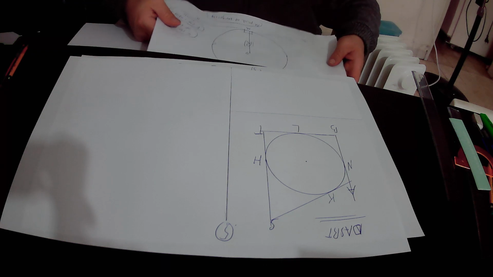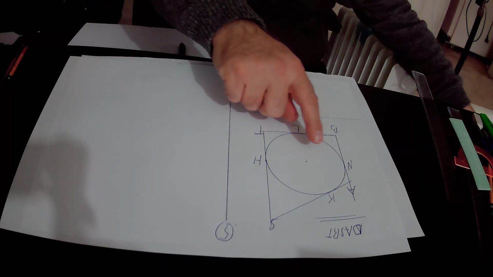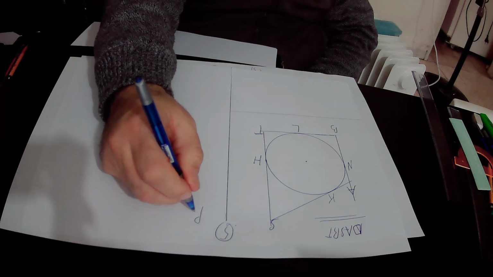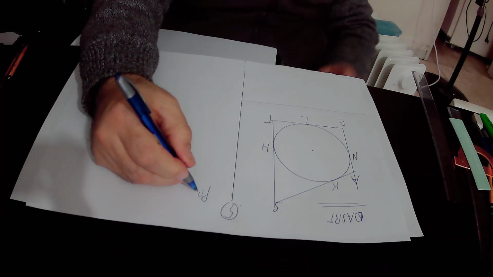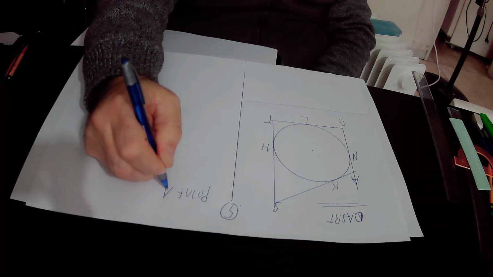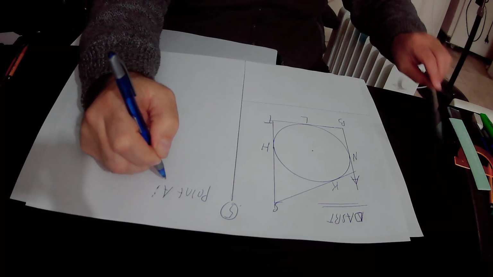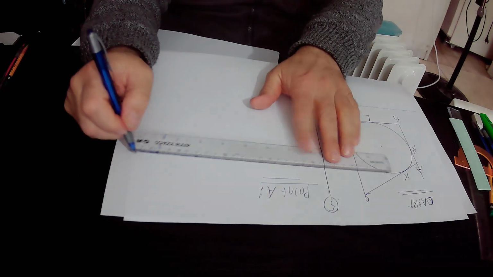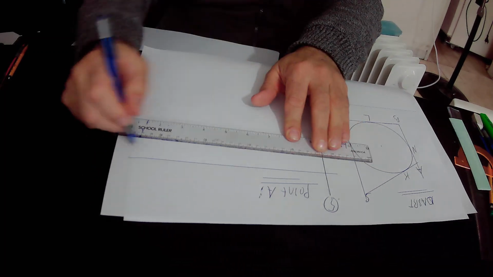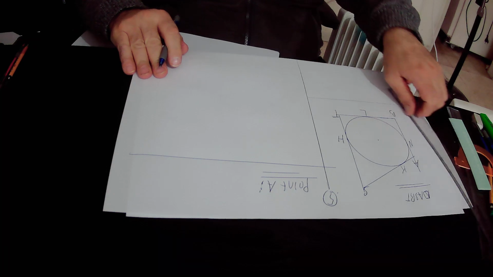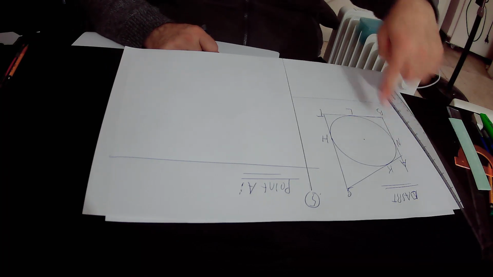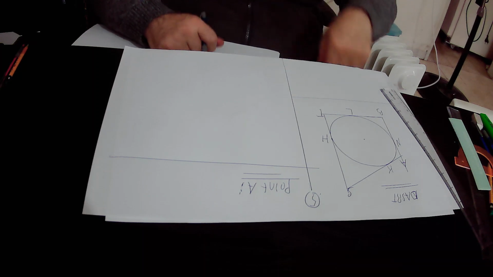Why? Because if we focus on the common standpoint, point A, from the common standpoint, point A, we have two tangents to this circle, tangent AK and tangent AN. According to rule 2, they are equal to each other.